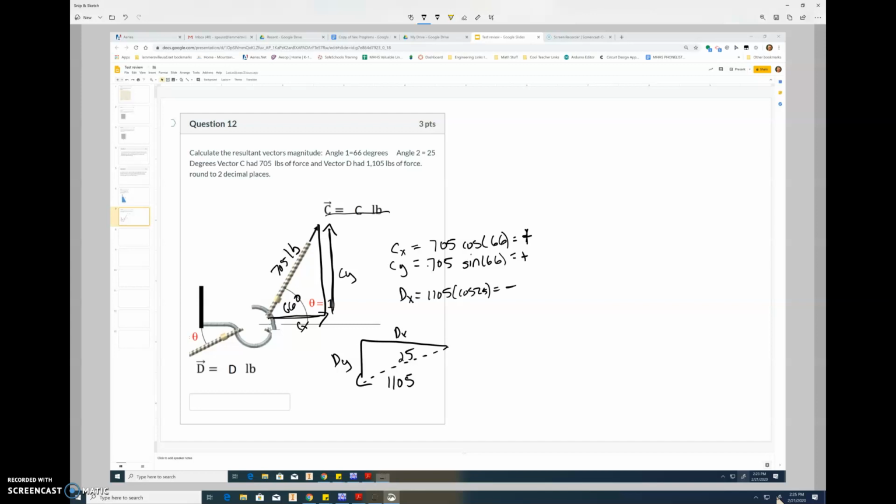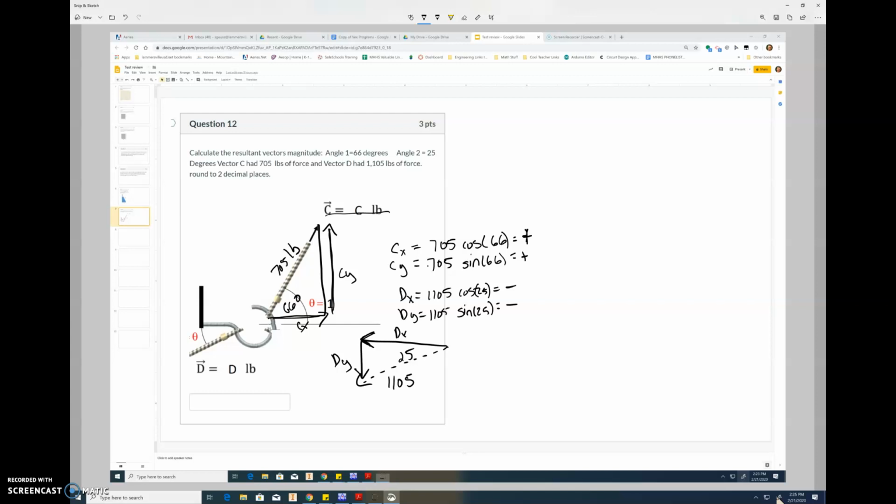It's not going to show us a negative on our calculator. We have to see that that is in the negative x direction, and y is also in a negative direction. So we have 1105 times the sine of 25 degrees, and that will put a negative there.